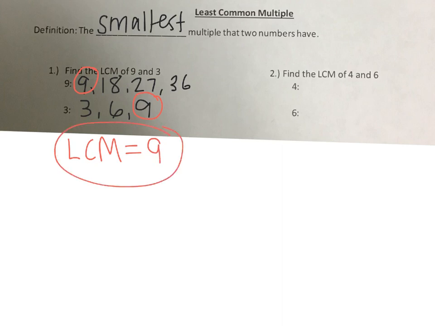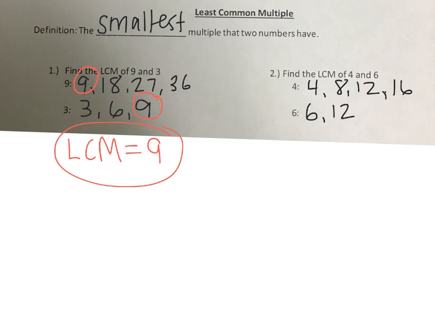Now let's look at number 2. It says find the LCM of 4 and 6. So let's start by writing the multiples of 4. 4, 8, 12, 16. And let's see if we went far enough. So start by writing our multiples of 6: 6, 12, and there it is.